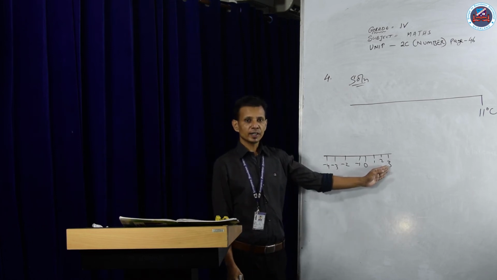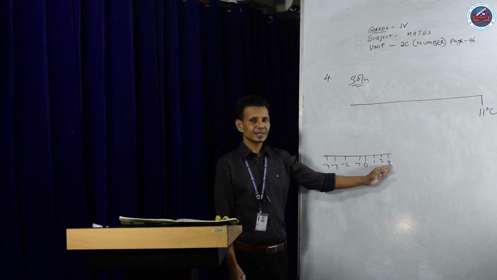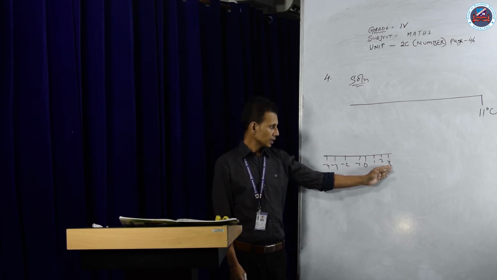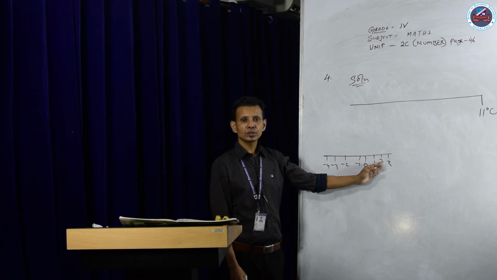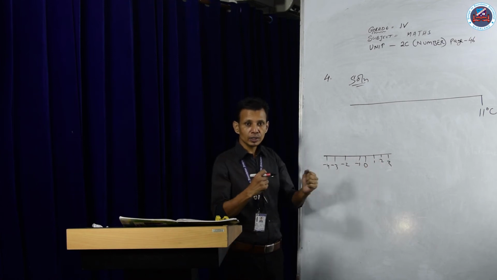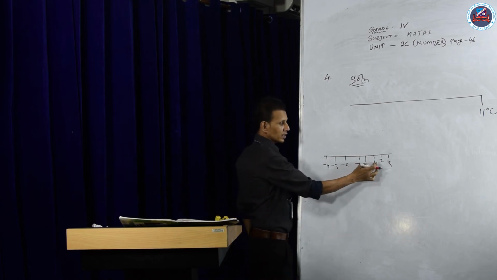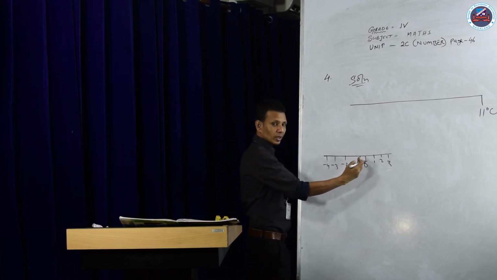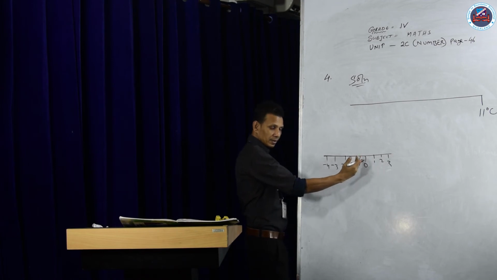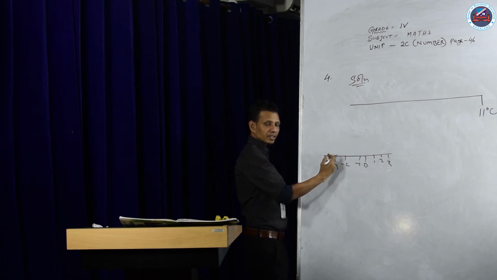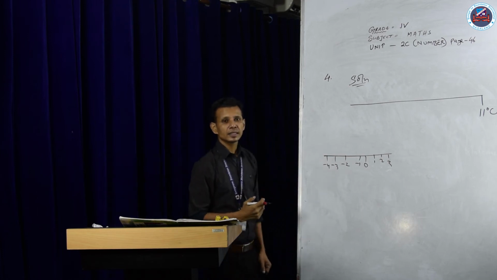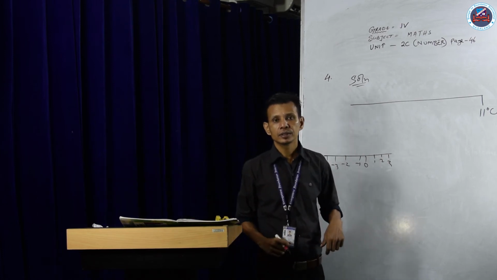If our temperature is, for example, 3 degrees Celsius, after some time it becomes 2 degrees Celsius. What is happening? It's becoming colder and colder, right? After that, 1 degree. Now what did you understand? When it moves to the left-hand side, it's getting colder and colder. You got me?